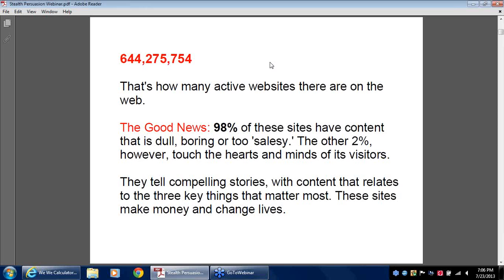Well, the good news, guys, is that 98%, actually, I'm going to bump that number up to about 99.3% or something along those lines of sites just act like a brochure, just a business card. They don't engage with the customer. They just don't write from the heart. So that leaves very little competition of people, and a lot of these sites that do write from the heart are some of your favorite ones. They're people that you look up to and respect. And I know that you want to be just like that too.